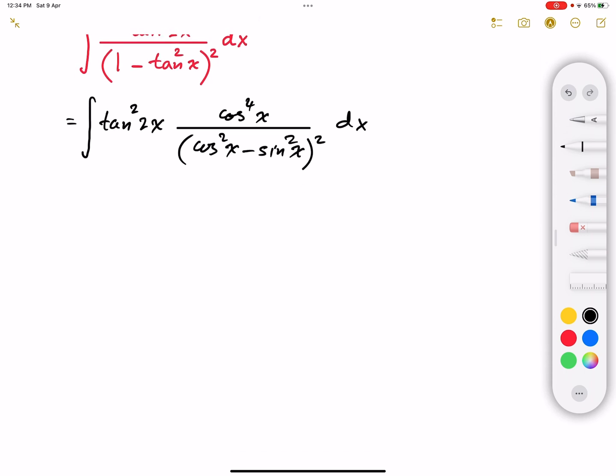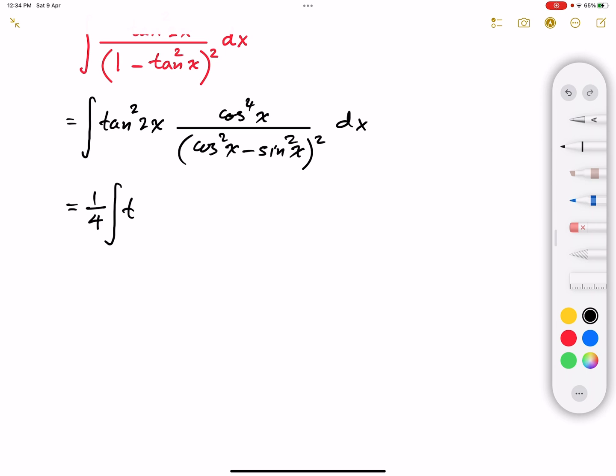Now I will rewrite the cosine to the power 4 in terms of cosine of twice the angle. Cosine squared of x is (1 plus cosine 2x) divided by 2. If we raise that to the power 2, that gives us 1/4 outside, which you can take outside the integral.